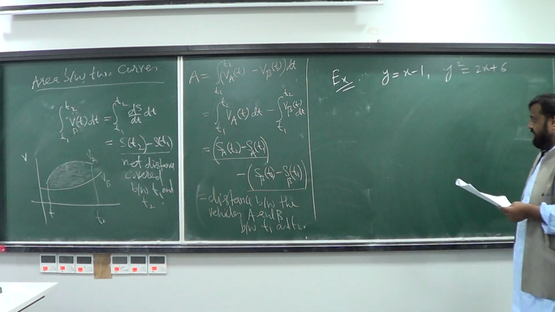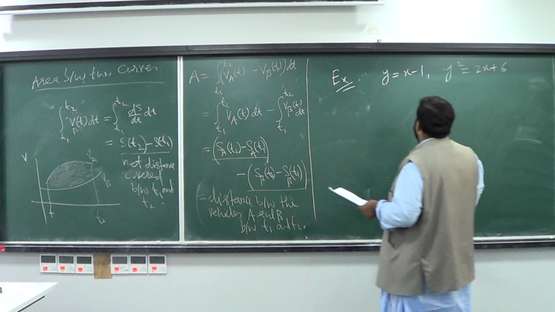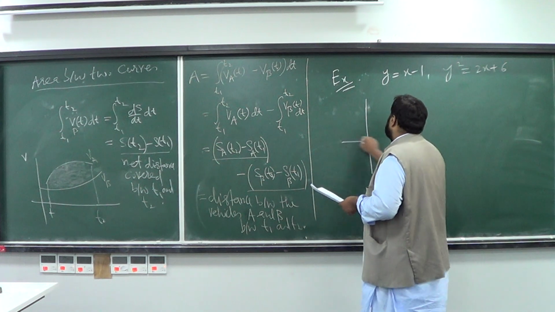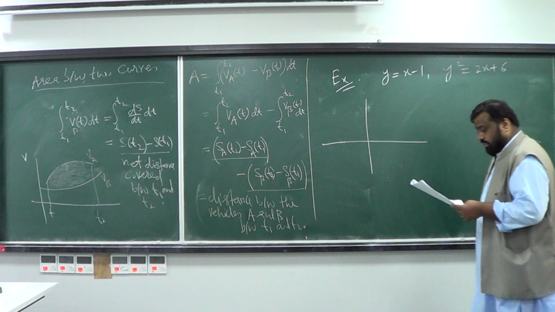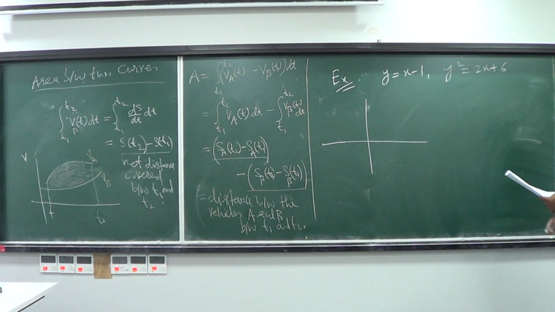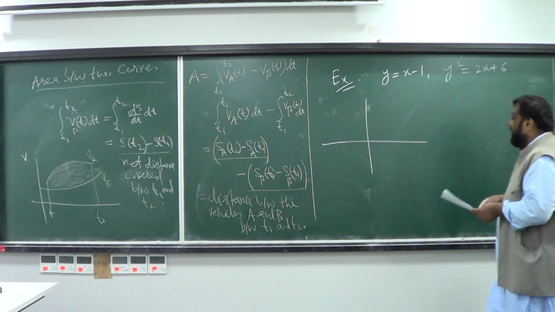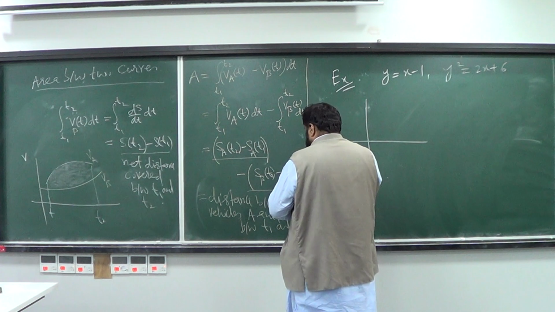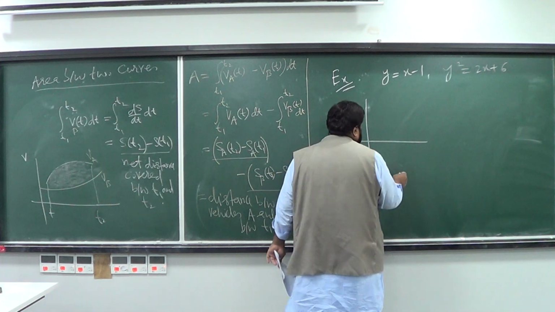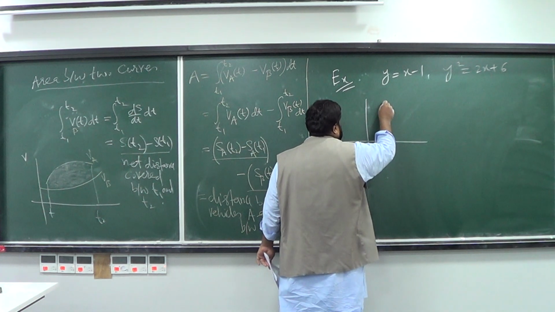When you plot these two curves, they are going to look like this. The y squared equals 2x plus 6 is going to be a parabola like that.